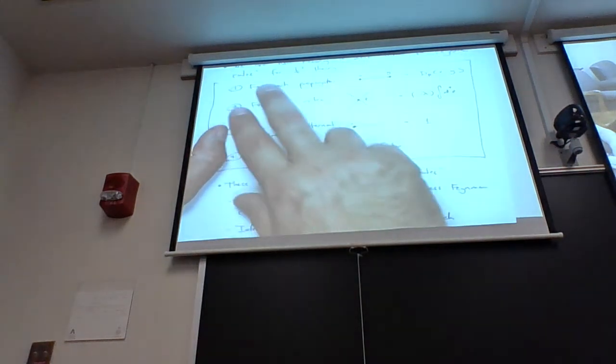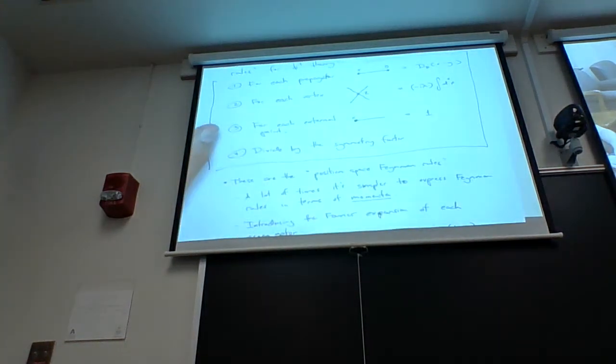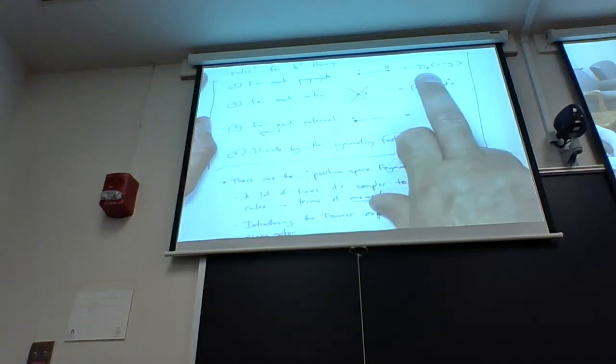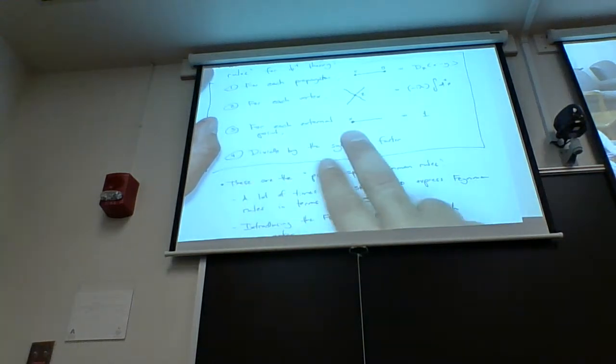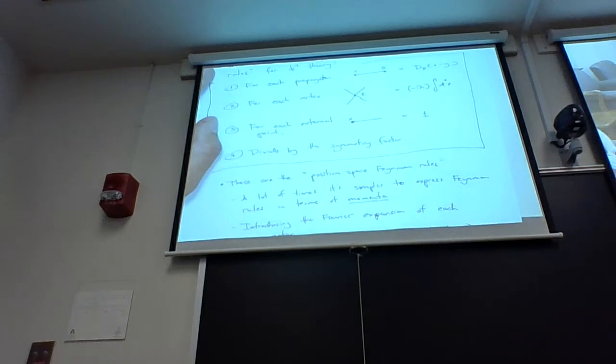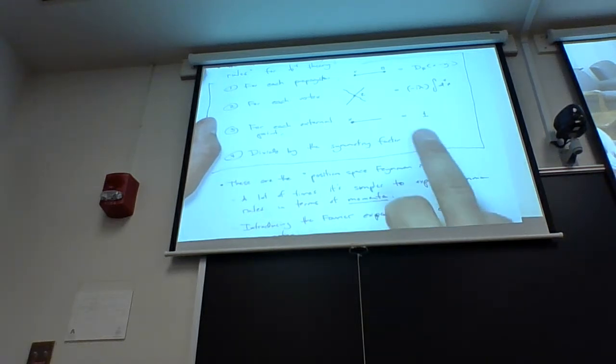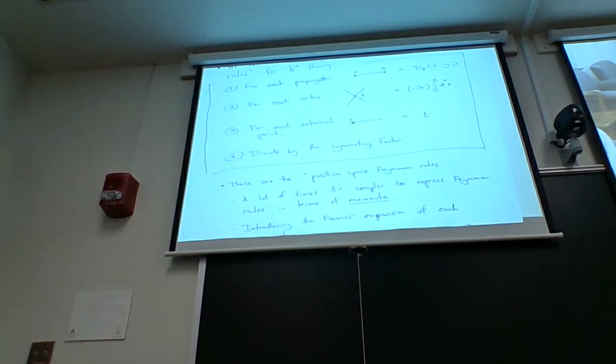So the rules go like this. These are the Feynman rules for phi to the fourth theory. For each propagator, we write down a Feynman propagator. So this is going from the diagram to writing down an amplitude. For each vertex, write down the factor of the vertex and then this integration. For each external point of your diagram, so in our 2-point function we have 2 of those, you just write down 1, and you don't even have to write down 1, because 1 times anything is anything.